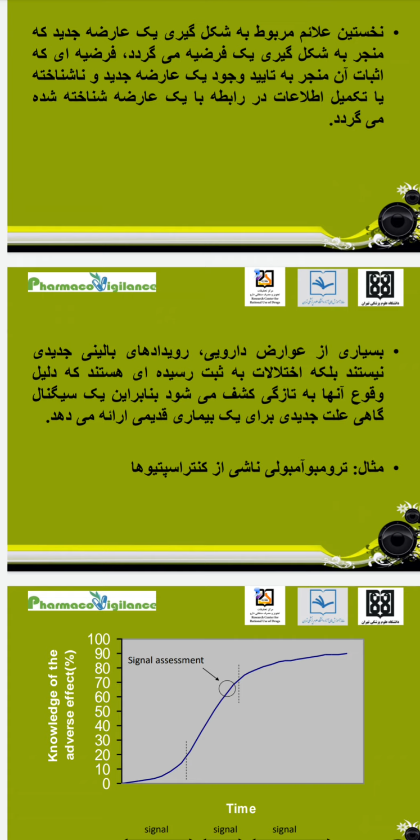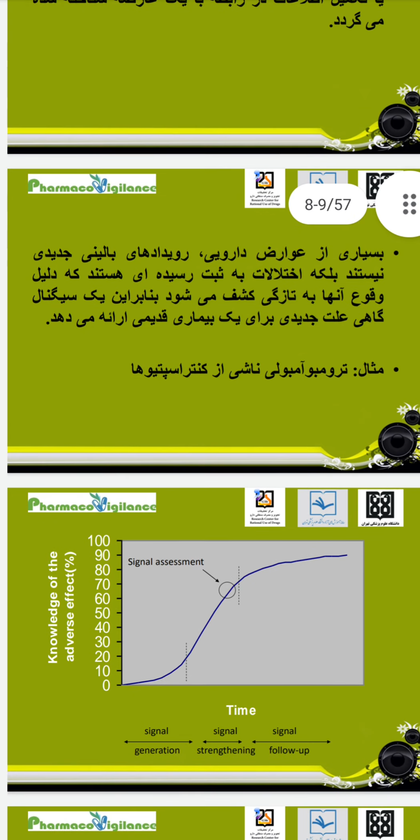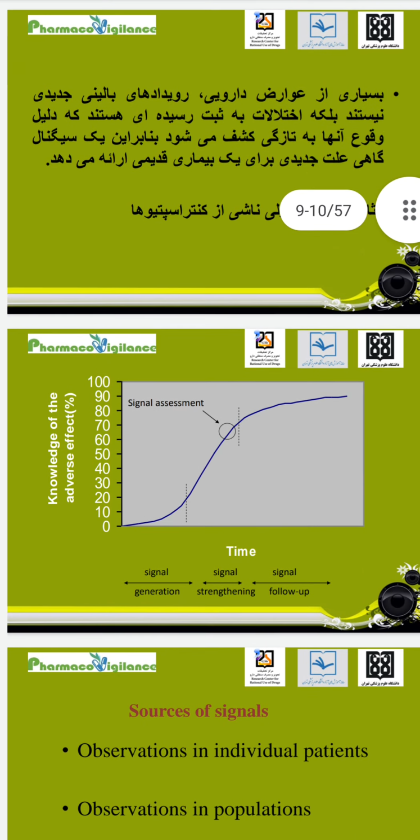For example, thromboembolism due to contraceptives. We know thromboembolism, that's an old disease, but because of the new medicine, this is a signal, and this is a new adverse drug reaction because of this medicine, but that was an old disease. Okay, that was a hard job for me to translate, sorry.